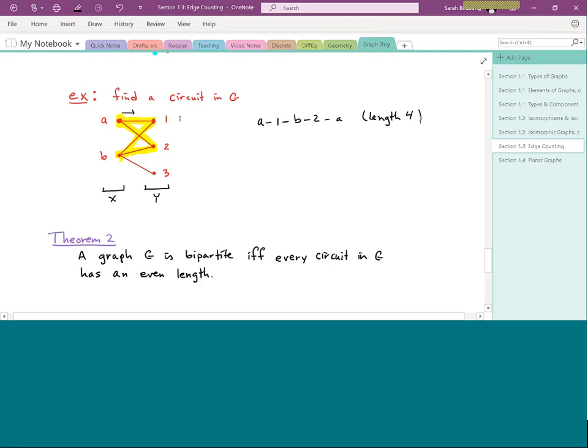So this is an example of a bipartite graph. Any guesses why your circuit would have to be even in a bipartite graph? I'm not going to lie, I kind of gave it away to you a little bit a second ago. Anybody have a guess? If you're a bipartite graph, why would all of your circuits have to have an even number of edges in them?